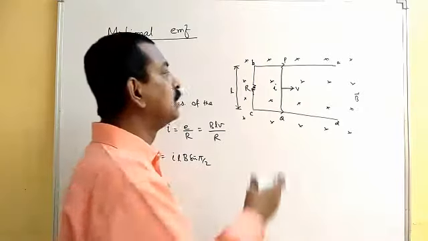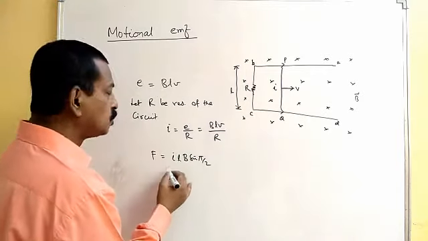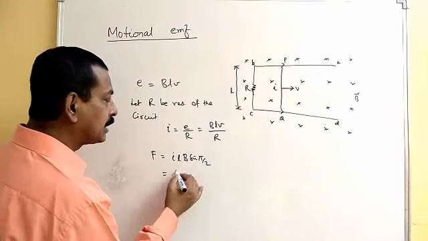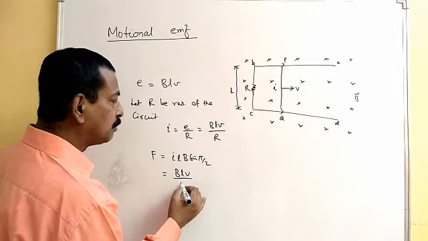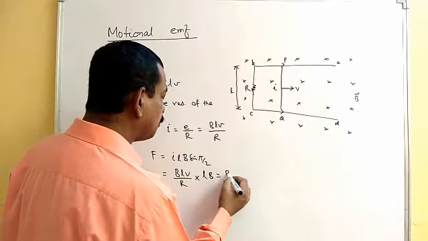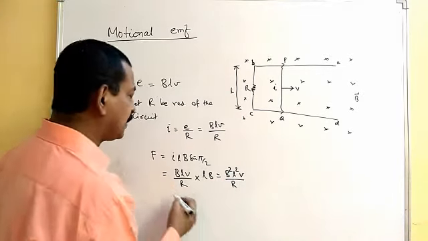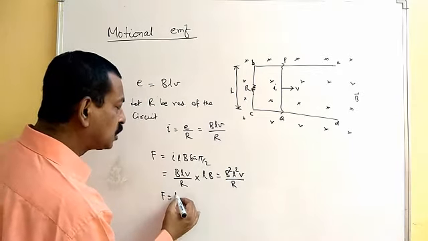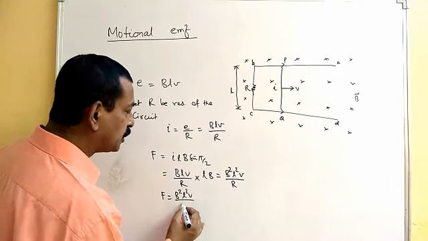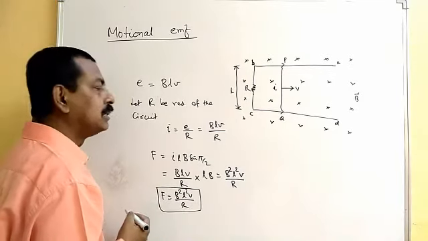In this case it will again be 90 degrees. So this is ILB, and I we can write as BLv by R, into LB. So the expression for the force will be B square L square v by R. This is the expression for the force on this conductor or rod which is of length L and is moving in the region of the magnetic field.